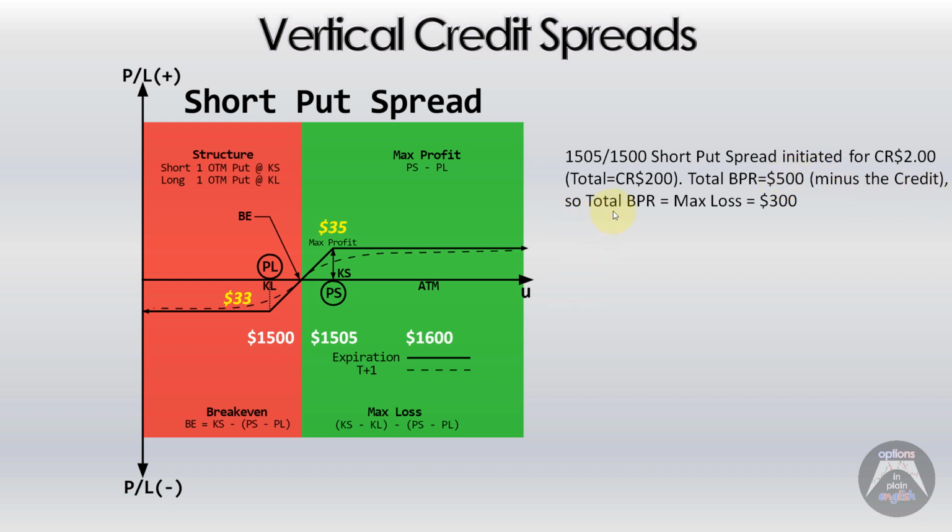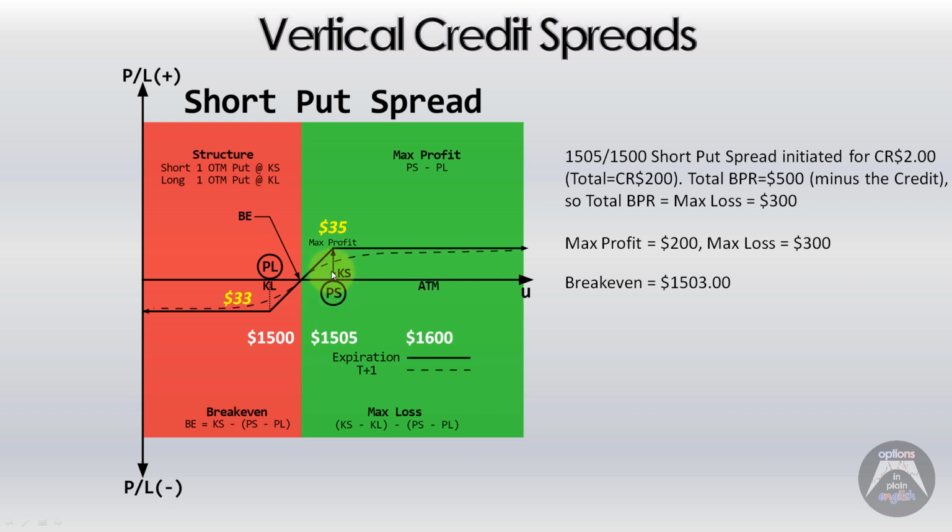So the total buying power reduction is going to be equal to the max loss, and it's going to be $300. Max profit, $200. Max loss, $300. The break even is going to be 1503. Why? Because we have this strike price.